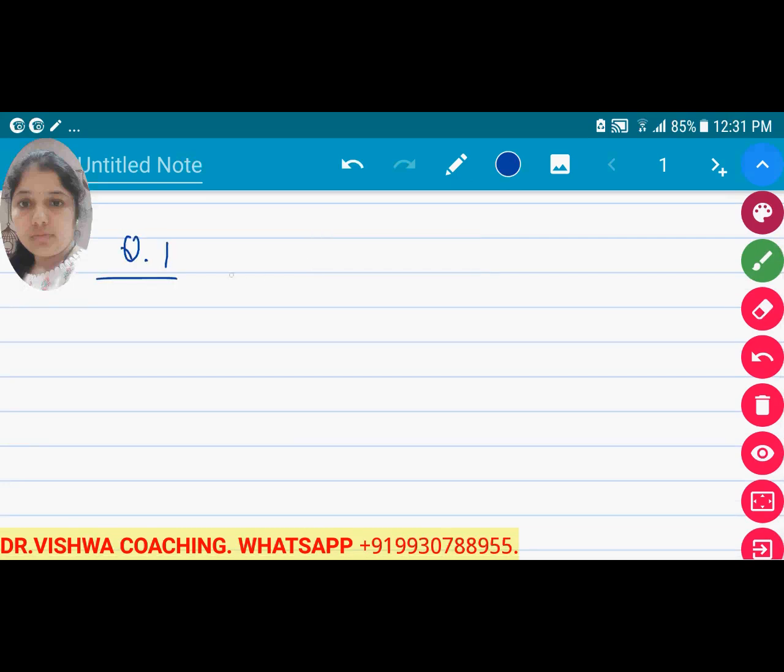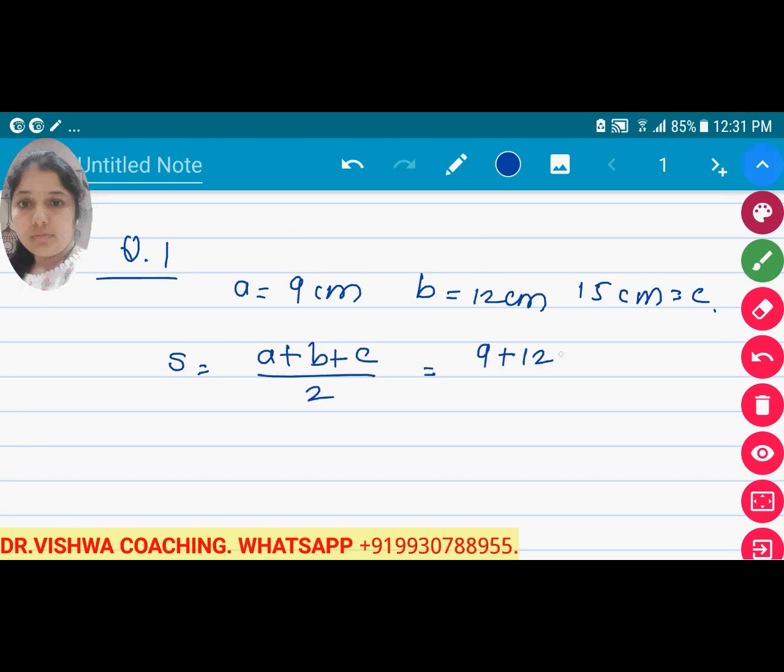Here we know the sides of the triangle are 9 centimeter, 12 centimeter and 15 centimeter. s is equal to (a plus b plus c) upon 2, so (9 plus 12 plus 15) upon 2, that is 36 upon 2, which is 18. So we got the value for s.